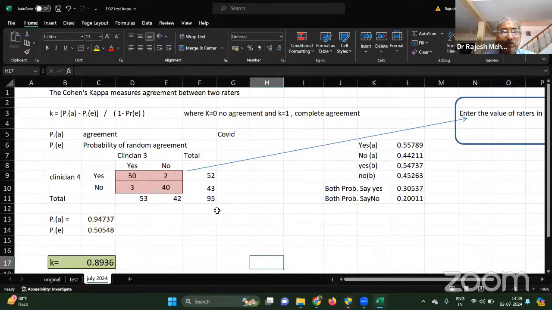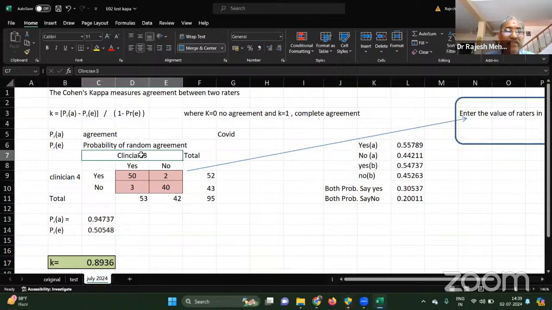You can use it in a 2 by 2 table for the agreement, or you can also sometimes use the word association. If here it is the outcome variable and this is the input variable, we usually use the word association, but this is equivalent to the agreement. So this is about the kappa.